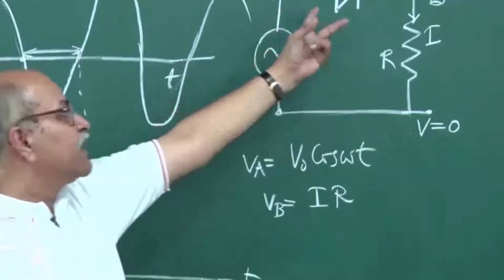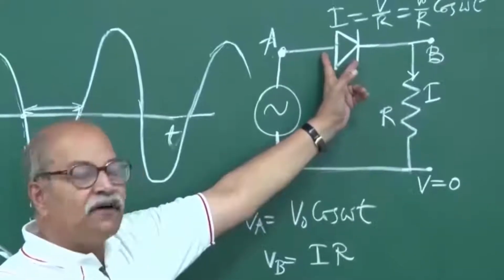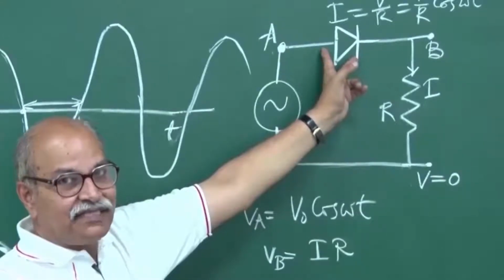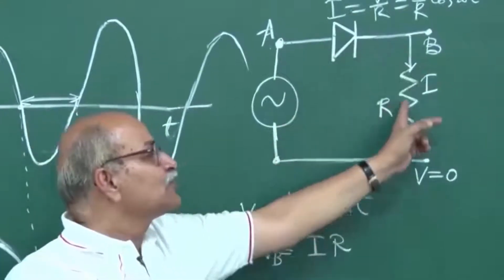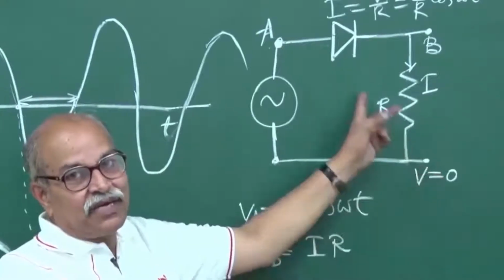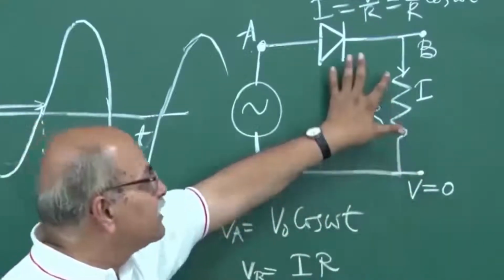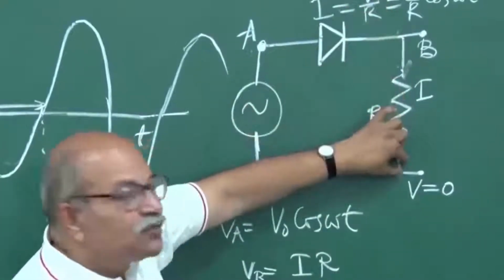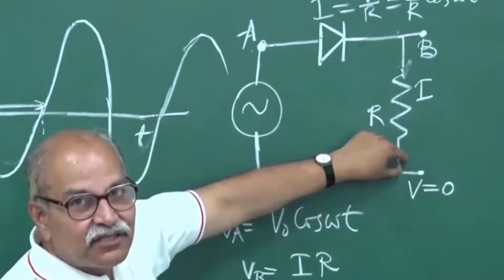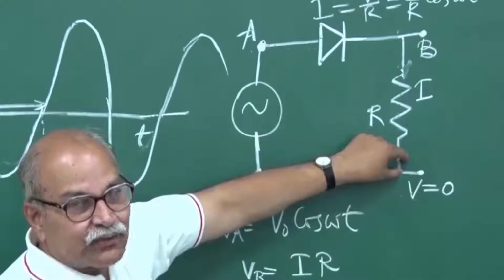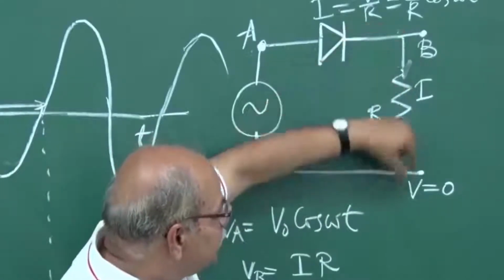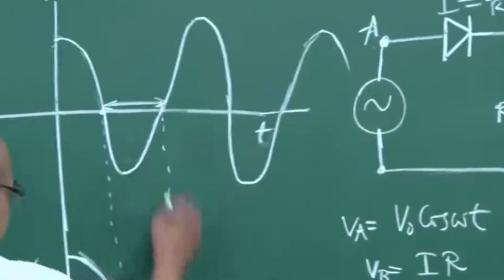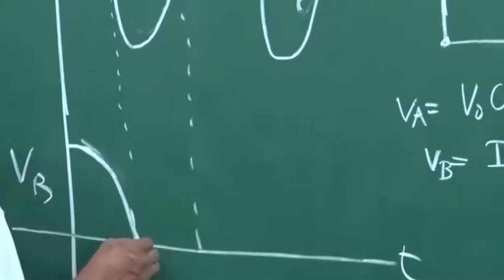If it offers very large resistance, if I call that resistance infinity, no current flows through this. So in that case I is 0, and therefore the potential here is the same as the potential here. The potential difference is I times R, and I is 0. So the potential here is 0, potential here is 0, so VB will be 0. In this period, VB remains 0.